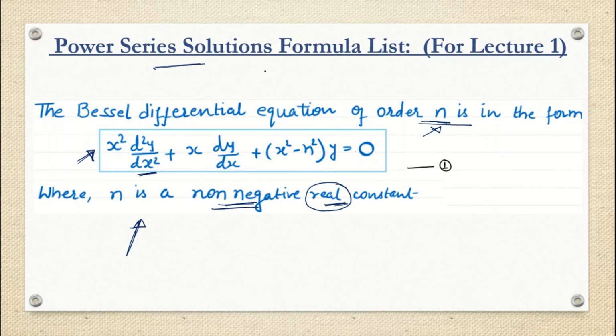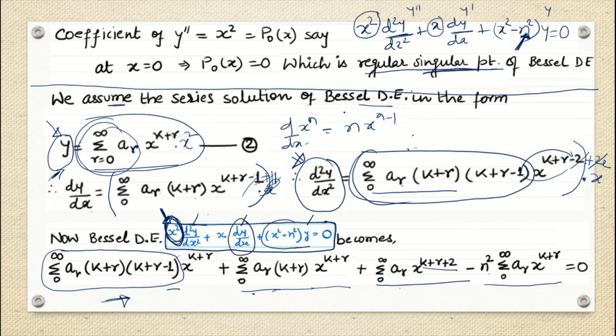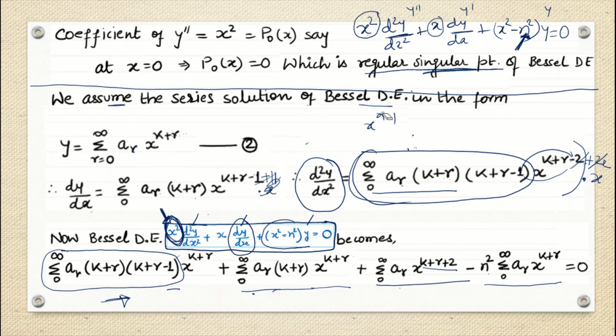That means the series solution will have a sigma, correct? So that is written down here. This is the second thing, the second equation we need to know, that you have to start with.